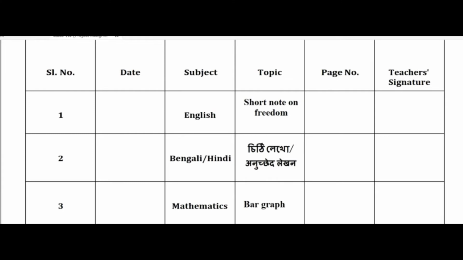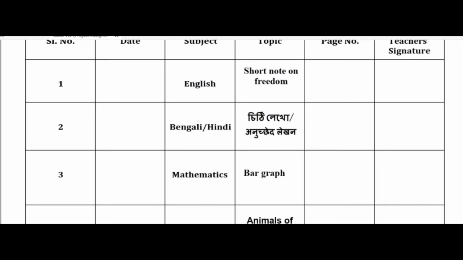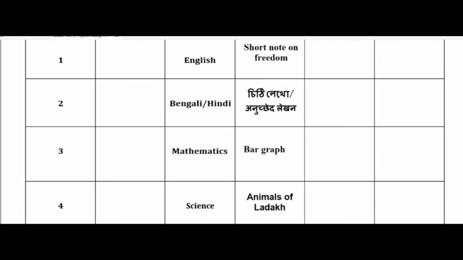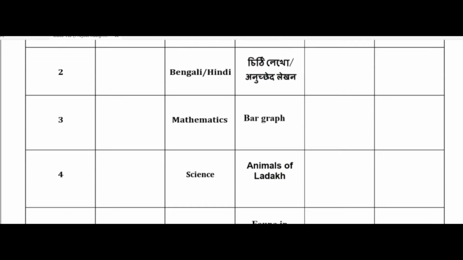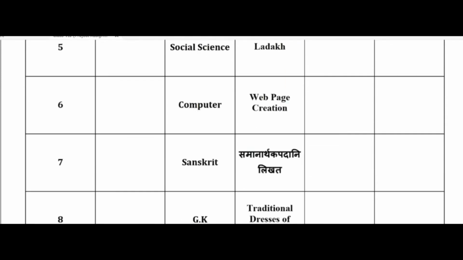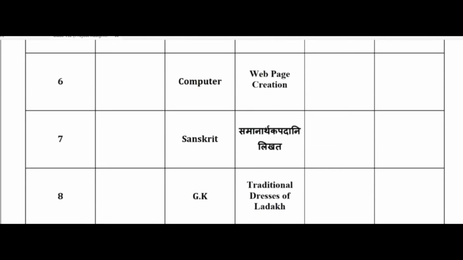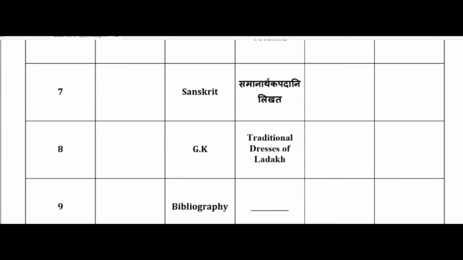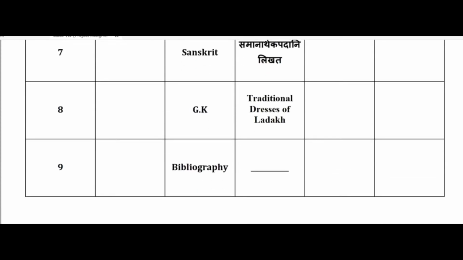After that, in the third column, you will write the name of the subjects, that is English, Bengali or Hindi. Students, those who are having Bengali, you will write Bengali here, and those who are having Hindi, you will write Hindi. Then mathematics, then science, then social science, then computer, then Sanskrit, then GK, and after that, write bibliography.